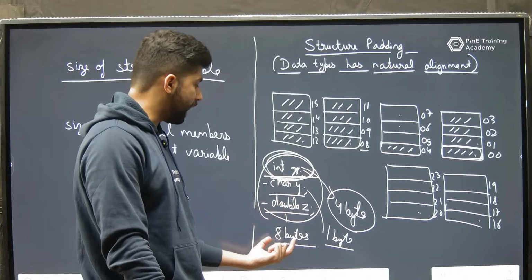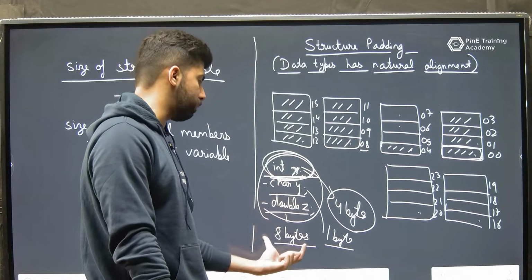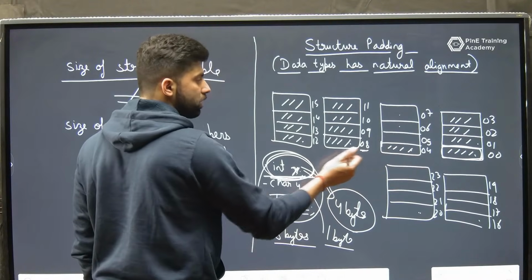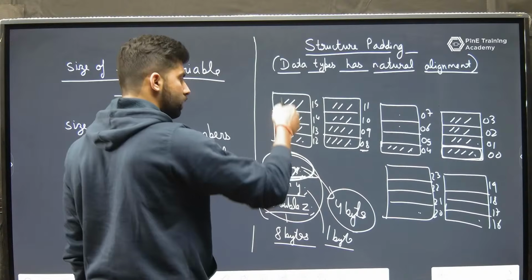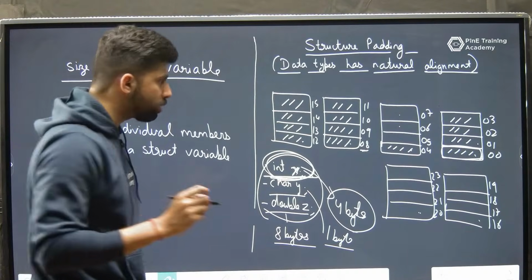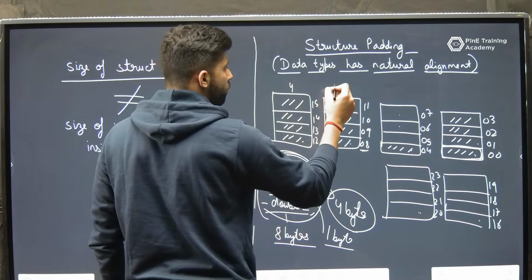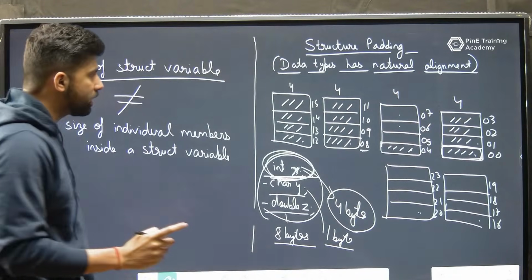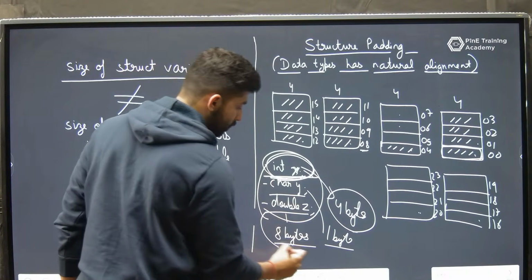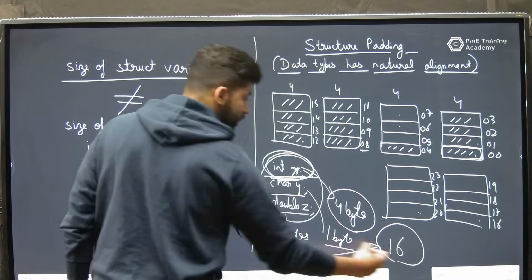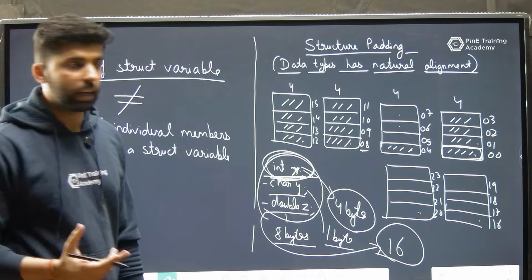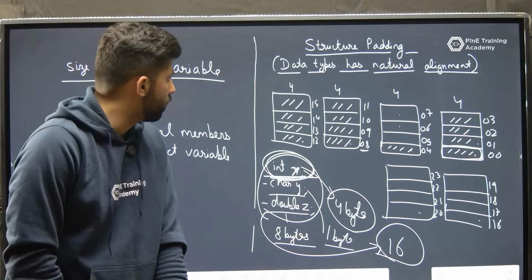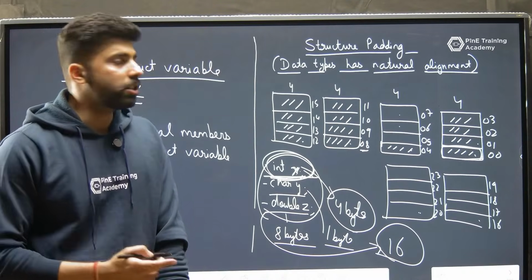And since double takes 8 bytes, we can align the double variable from the multiple of 8 only. So after this, the multiple of 8 starts from this position. So we take these 8 bytes. So actually, we took 4 bytes, 4 bytes, 4 bytes, and 4 bytes. So the size in this case will be 16 and not 13. We have added 3 bytes of padding.